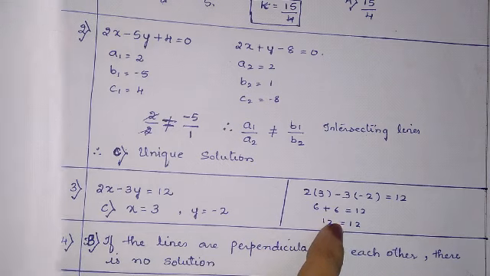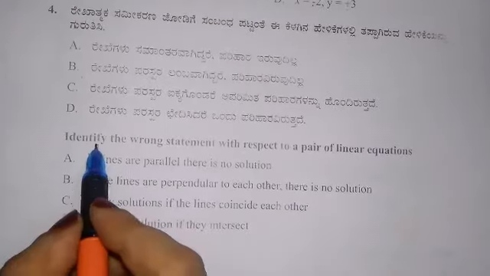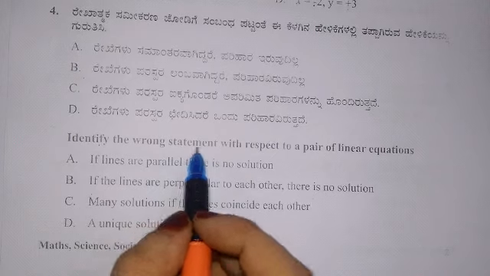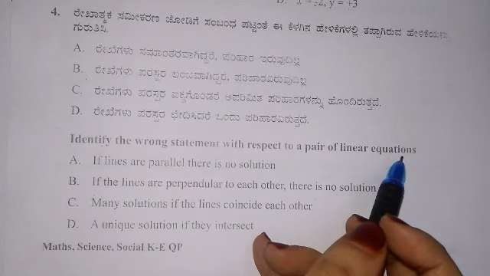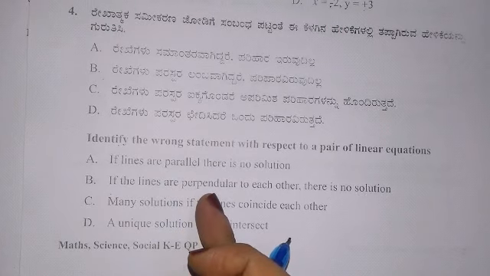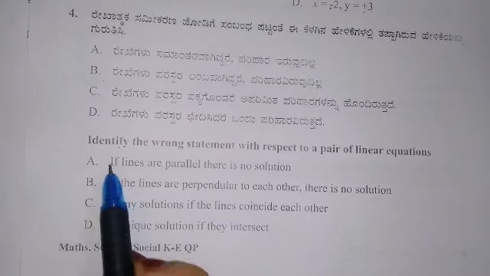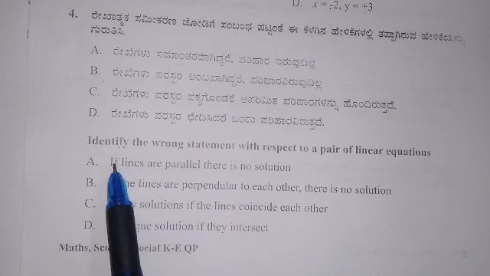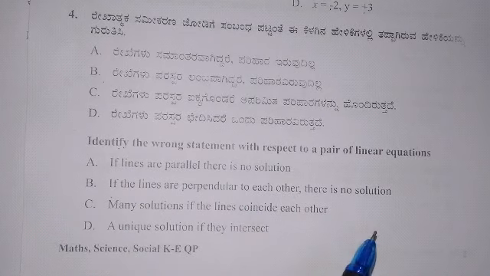Okay. So the next question is, identify the wrong statement with respect to a pair of linear equations. From this, we have to identify which is the wrong statement. We know that many of these are correct statements. If lines are parallel, there is no solution, it is correct.